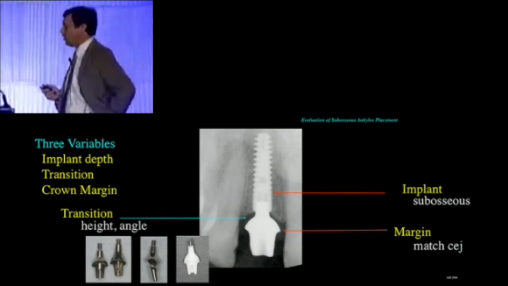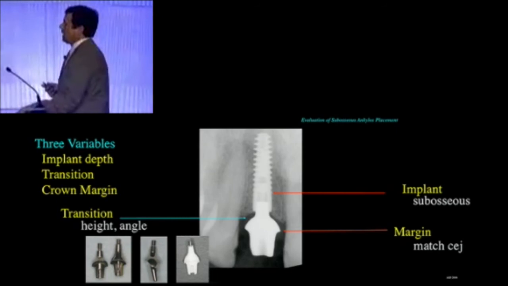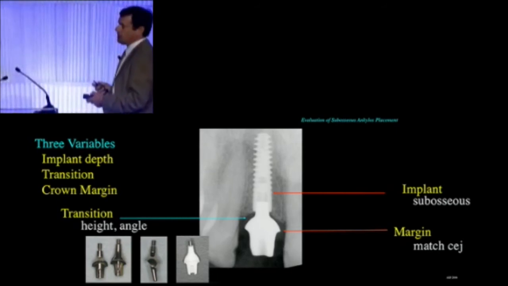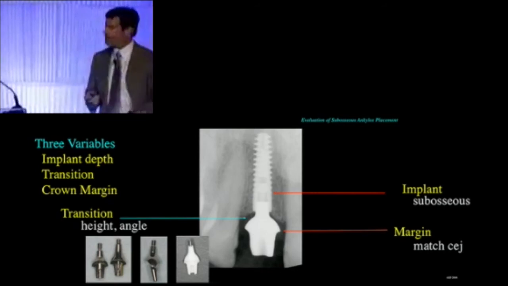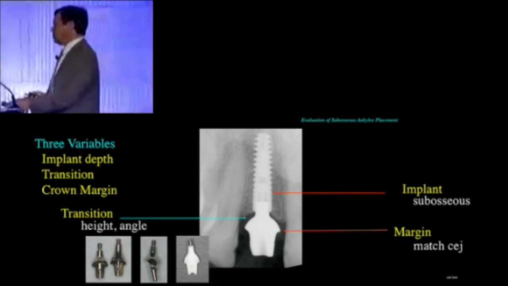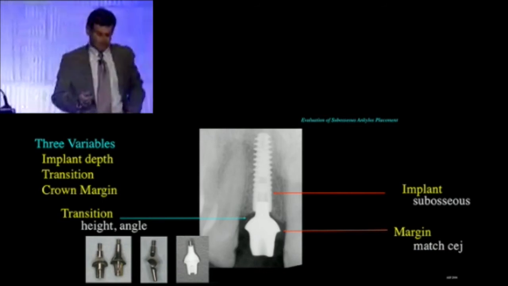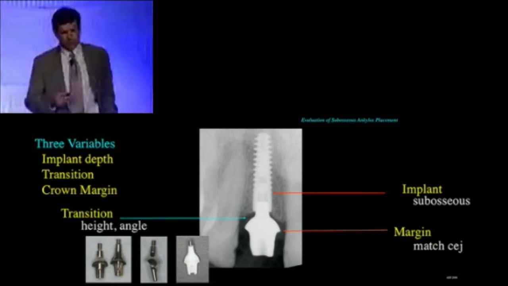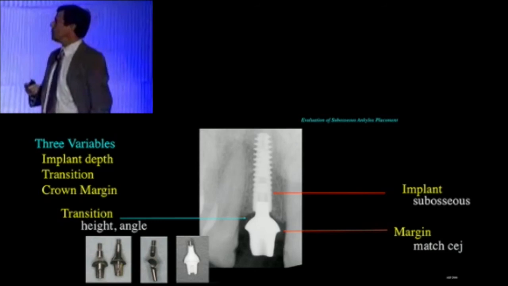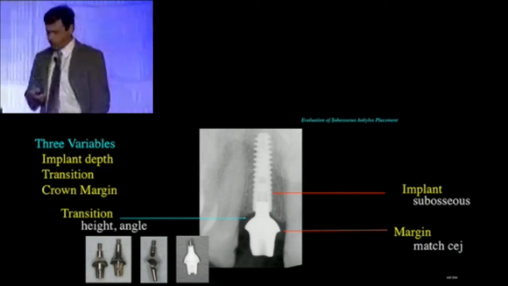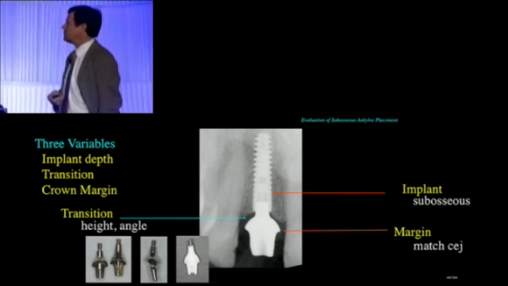Essentially, my goal is to establish a margin of a balanced abutment to match the CEJ of the adjacent teeth. This is on a radiographic level. So that I can choose an angle or height or type of abutment so that it can be restored to optimum level. So 3 components: implant, transition, and margin. And I look at those 3 as one piece on every case that I do, particularly in terms of an anterior aesthetic case.